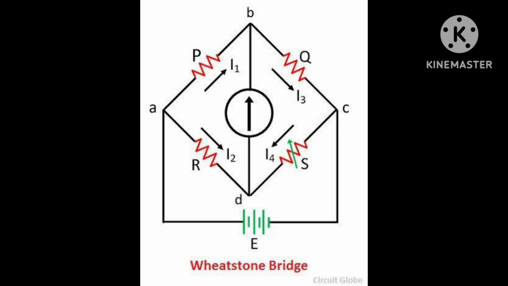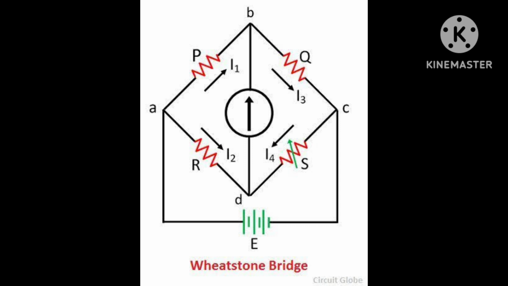Then what will happen? If the experiment will start, current is flowing. Then what will happen when equilibrium comes? At the equilibrium position, this connection is known as a bridge.